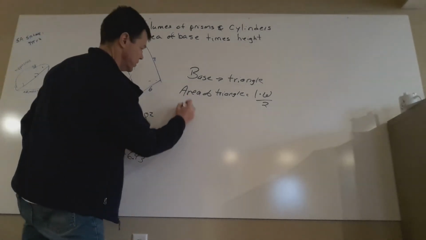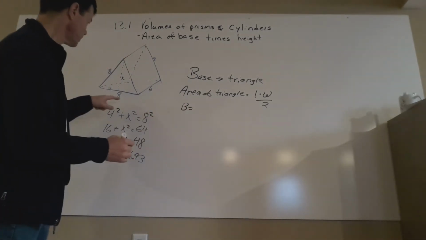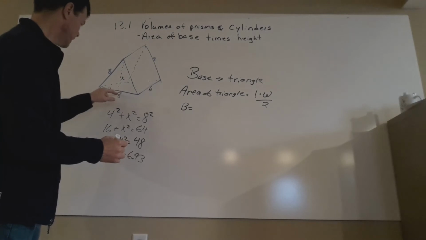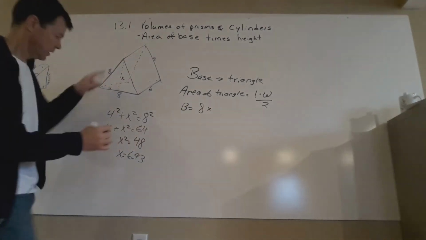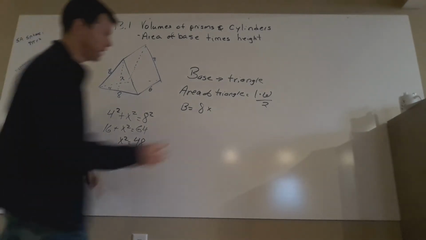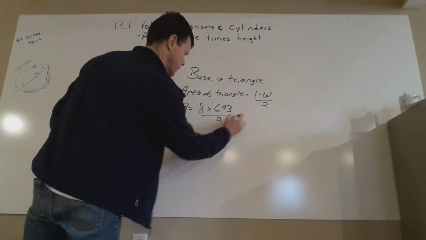All right, so area of the base equals length here. Length of this triangle is 8 times the height. We just calculated that, 6.93. And then divided by 2.